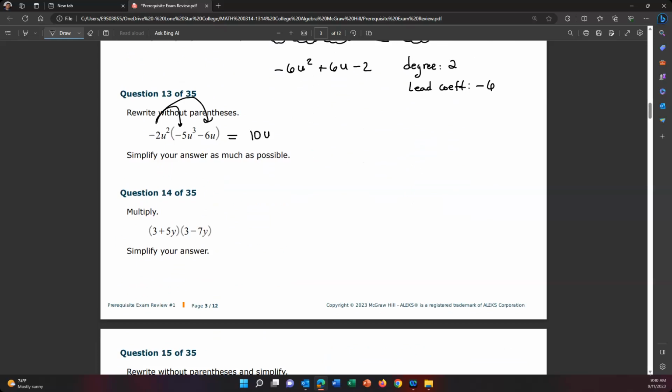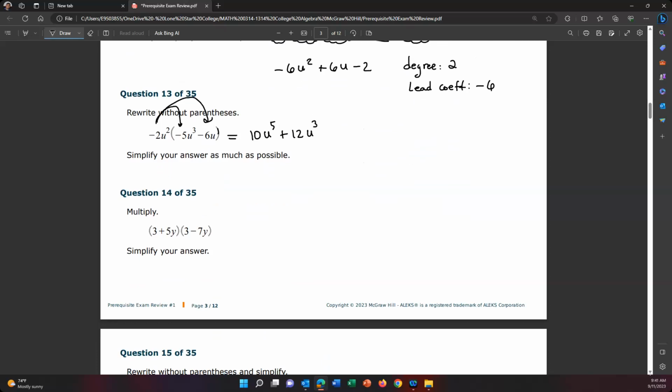We are multiplying, so we keep the same u and we add the exponents. Negative, negative becomes positive 12u. There is a u squared and just a u. We are multiplying, so we keep the same u and we add the exponents, so we get u cubed.